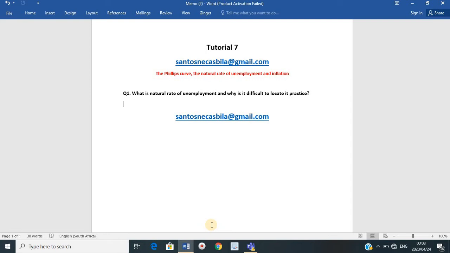And the answer was no. Why? Because we always have the natural rate of unemployment. That means even if inflation is not changing over time, is neither falling nor rising, we will always have the natural rate of unemployment.